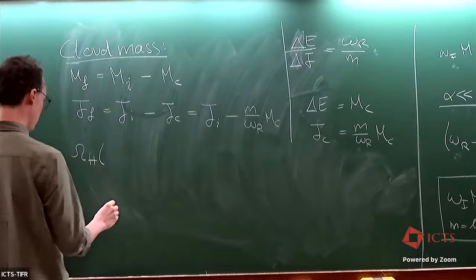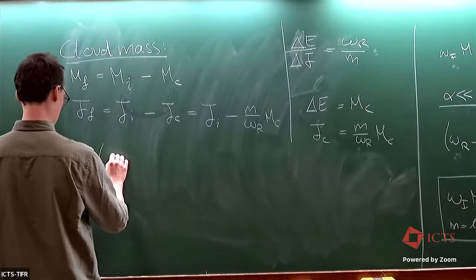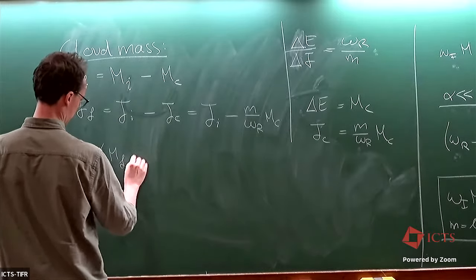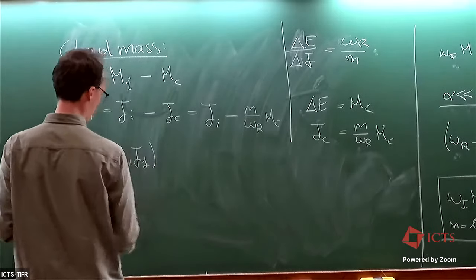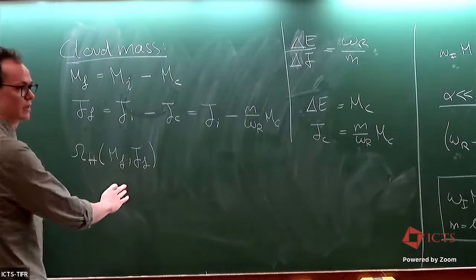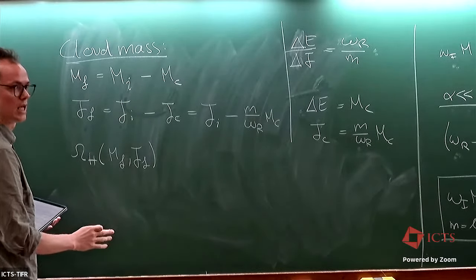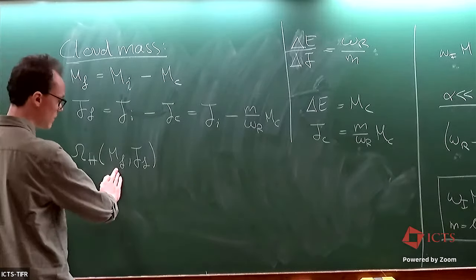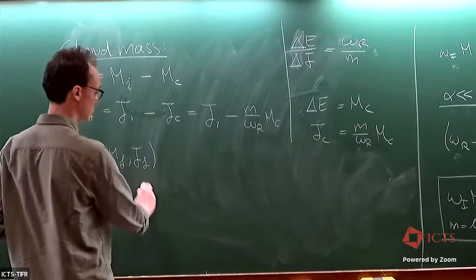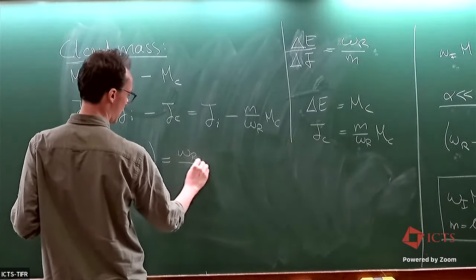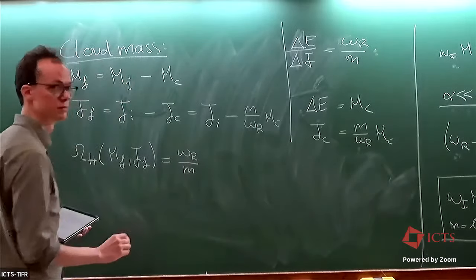So what this corresponds to is that the horizon frequency is a function of black hole mass and black hole angular momentum in general. And now the assumption is that the horizon frequency of the black hole of the final mass and the final angular momentum is exactly equal to omega r over m.